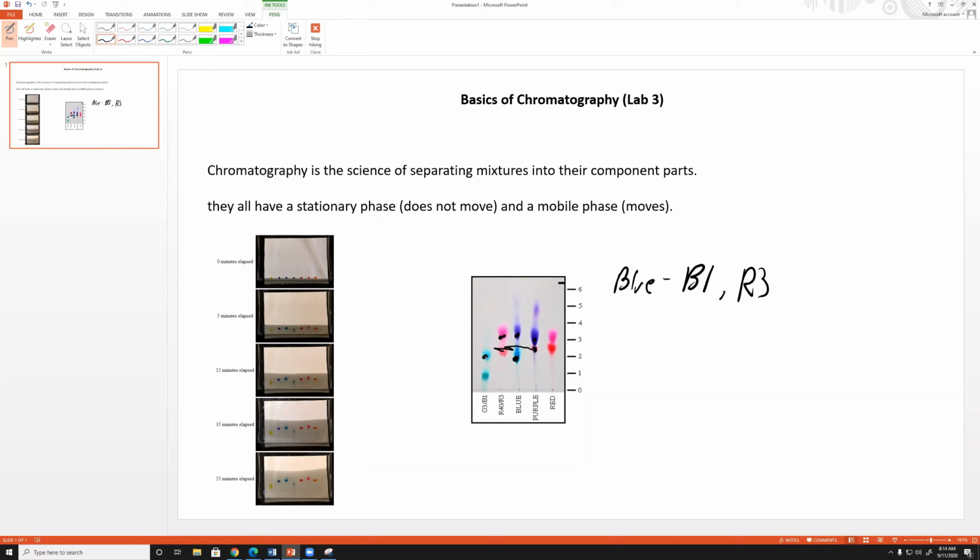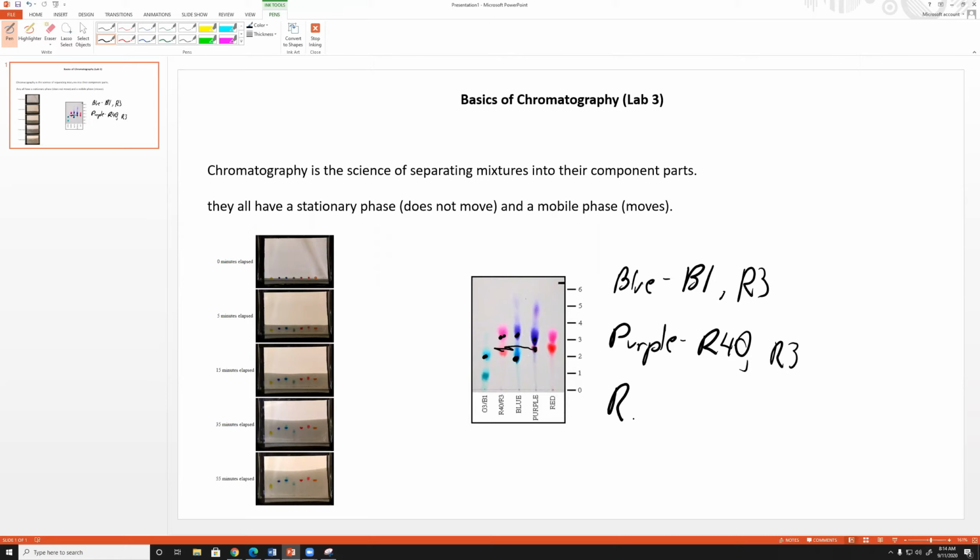It's definitely not G3 or B1, so I would say it's R40. And this top purple dot again doesn't align perfectly with R3, but the streak is close enough and definitely closer than the other components. So we can say the purple dye has R3 and R40.